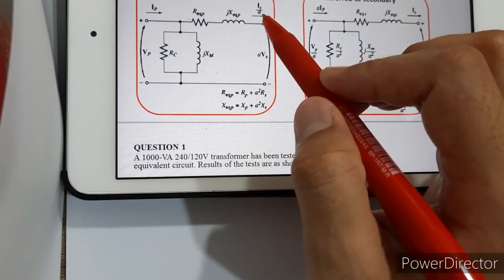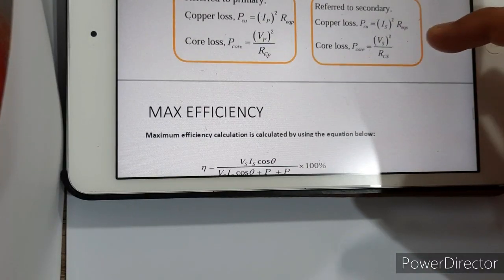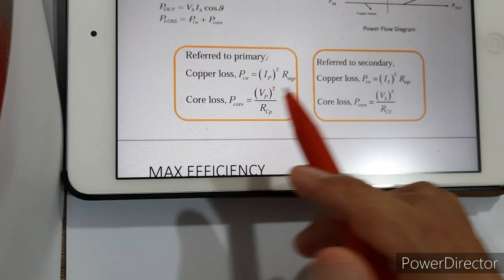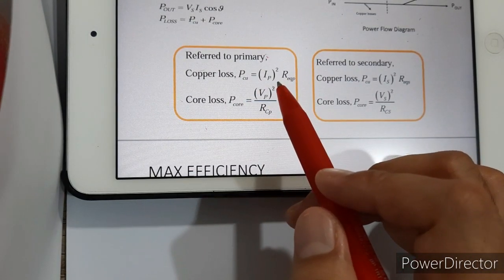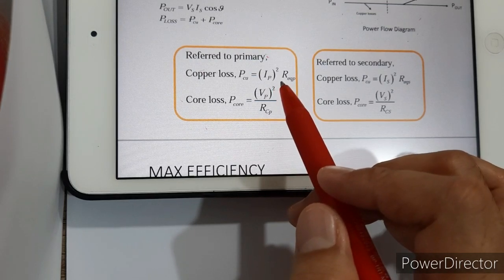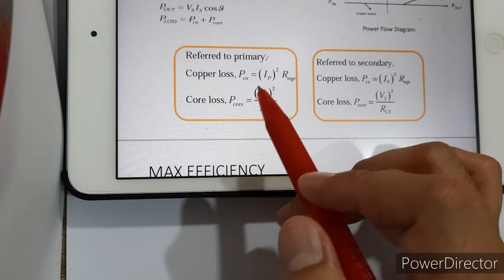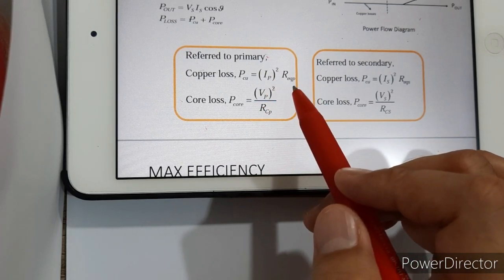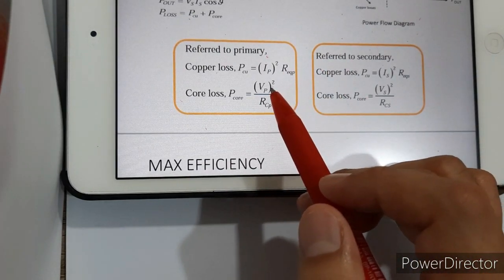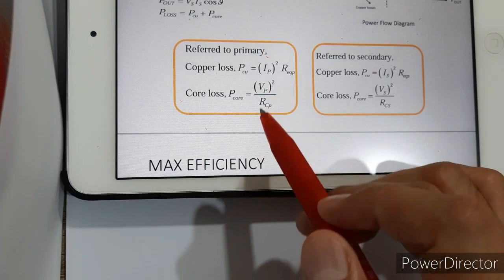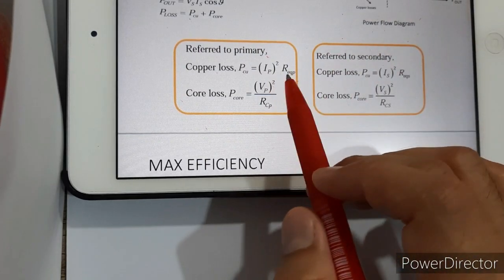For copper, PCU, we assume the current flow is IP, so IP squared multiplied by R equivalent P. And this one is parallel, the voltage is parallel with R, so we can use V squared over R.